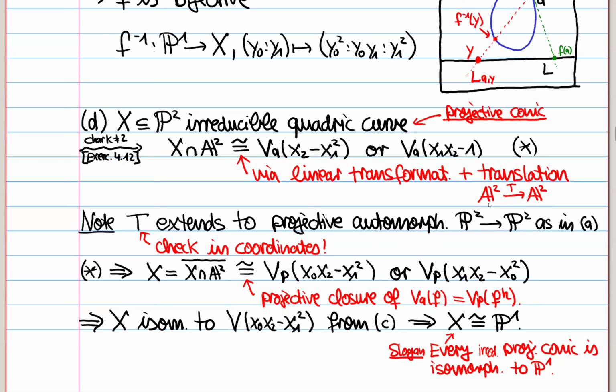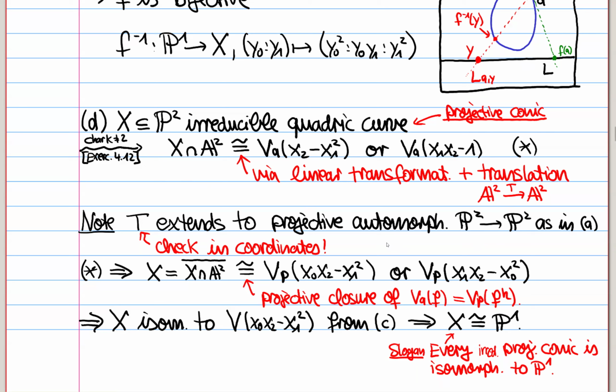If you look at the coefficients, you can just write down a projective automorphism, a 3x3 matrix, which extends this. And hence X intersected with A2 is one of these two possibilities.